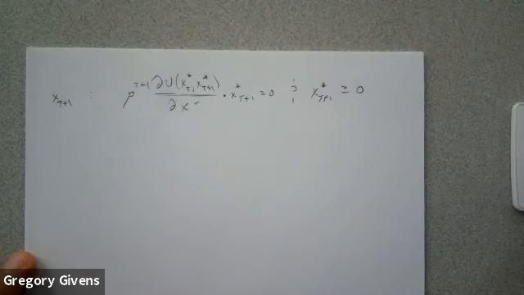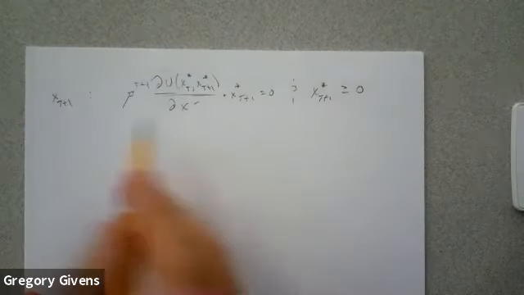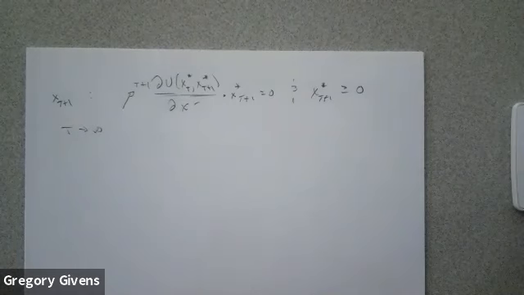Okay, we can derive something that looks identical to the transversality condition heuristically. That is, using informal arguments, by taking the limit of this expression as capital T approaches infinity.